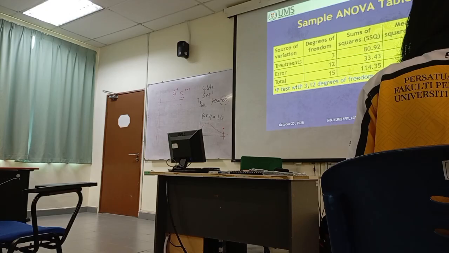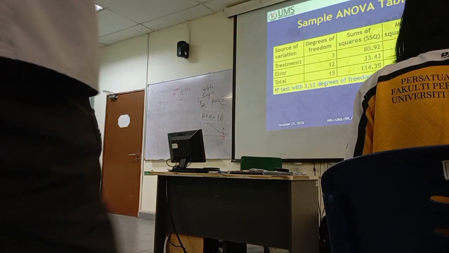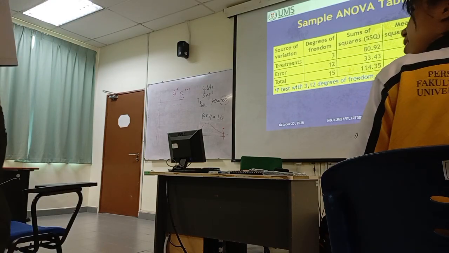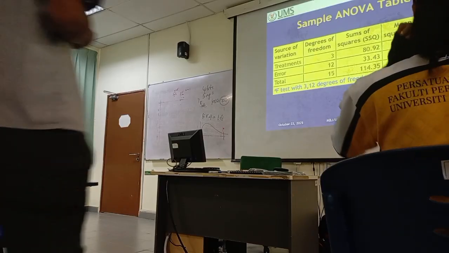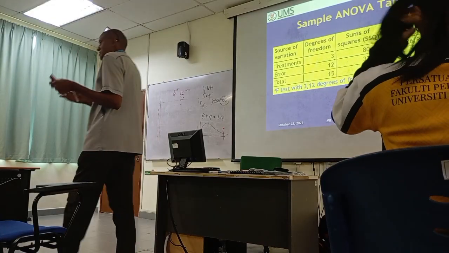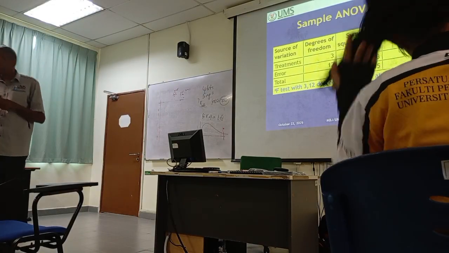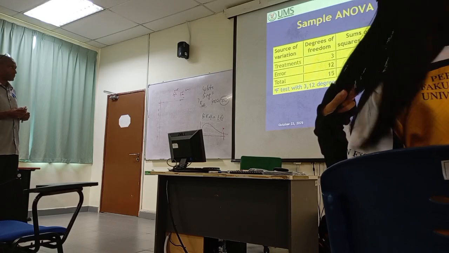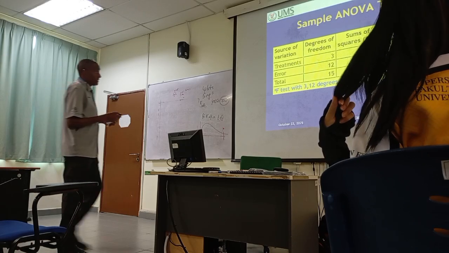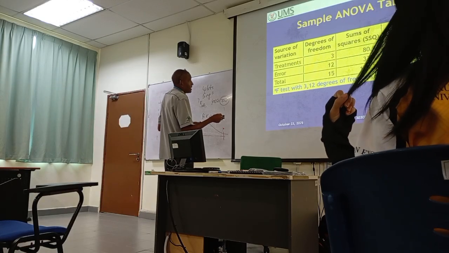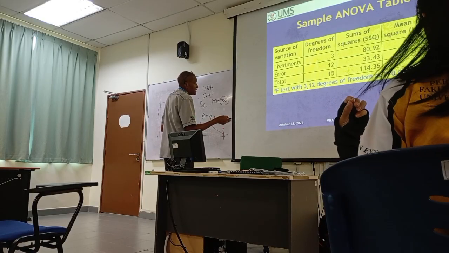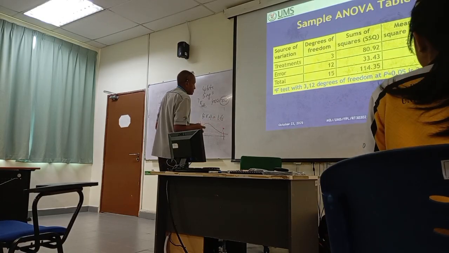Because if you make mistake, you can kill people. They don't allow you error. In agriculture, we allow maybe 5%. You can use 5% probability. So you can see here, they have this number 3 and 12. Here, degree of freedom 3 and 12.